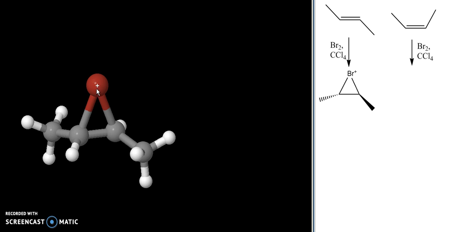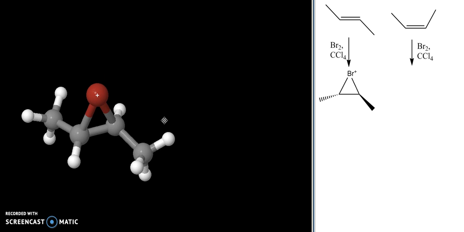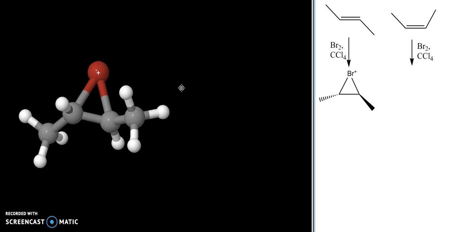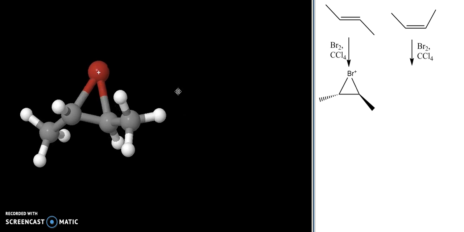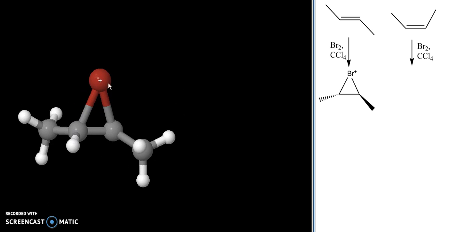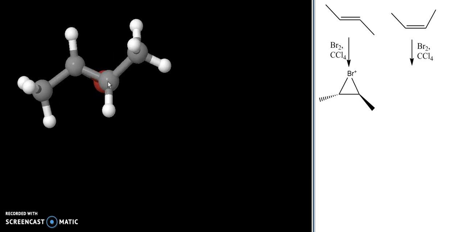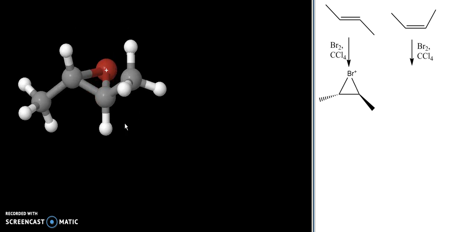I've drawn the positive charge on the bromine, but it's probably shared by all 3 atoms in the ring. And you'll notice that this methyl group is going back away from me, this is coming out towards me. The stereochemistry is maintained. This bromonium ion is attacked from the opposite side of where the bromine is.